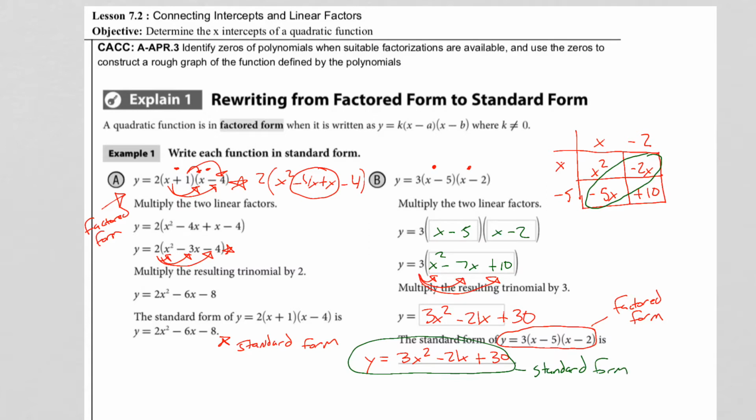So as you can see, the multiplication of polynomials will be needed. And if you struggle with this, I highly recommend you come out for tutoring and work on the IXLs, do the practice needed to understand these concepts, because the second semester it's going to be required that you can do these going forward.